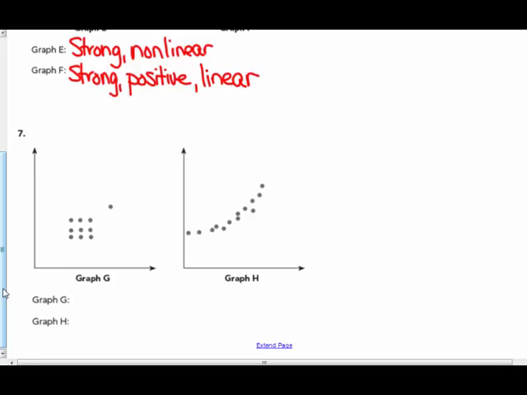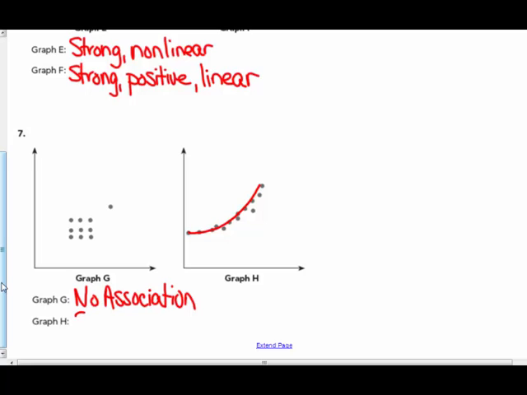I would say that is no association, graph G. No association. And graph H, that looks like they're kind of clustered together, and it looks nonlinear to me. It also looks like it's heading in a positive direction.